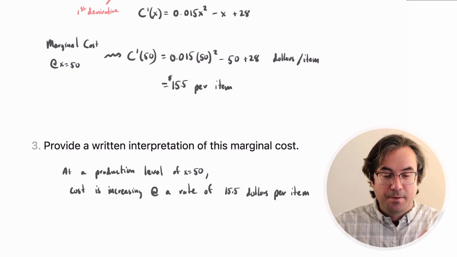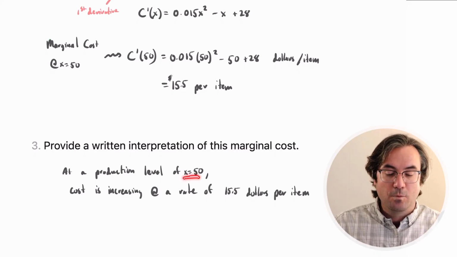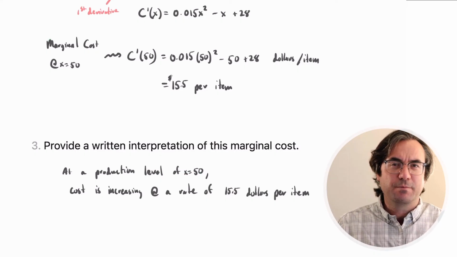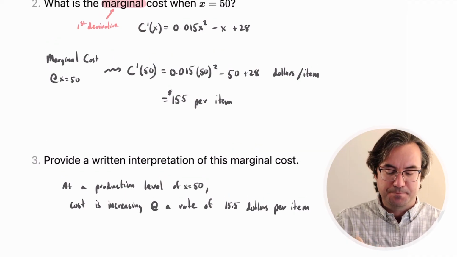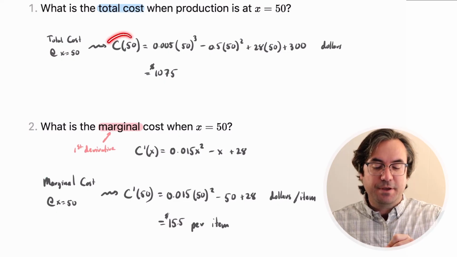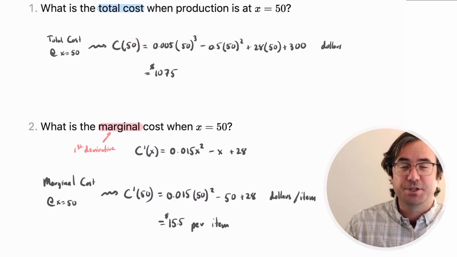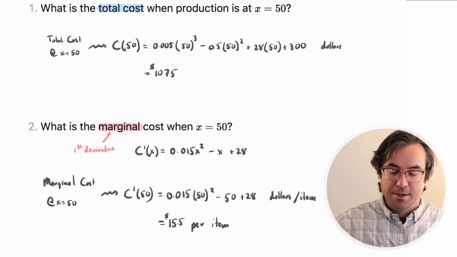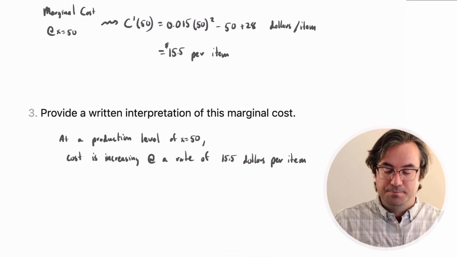So what we have here, we kind of did a few things. So we first calculated the cost of producing 50 items.